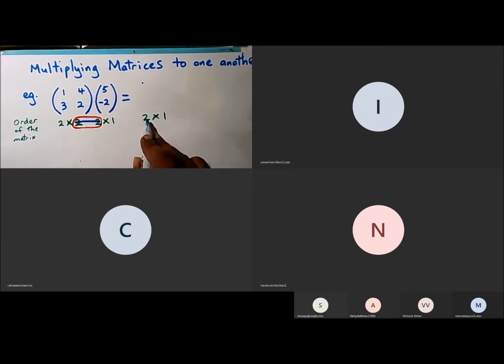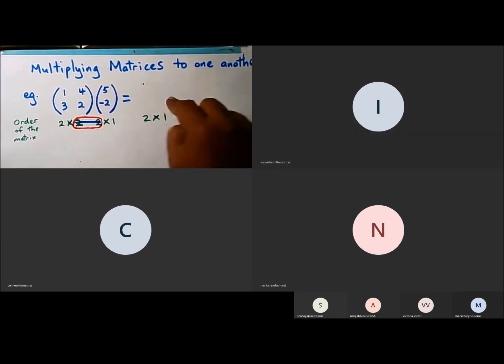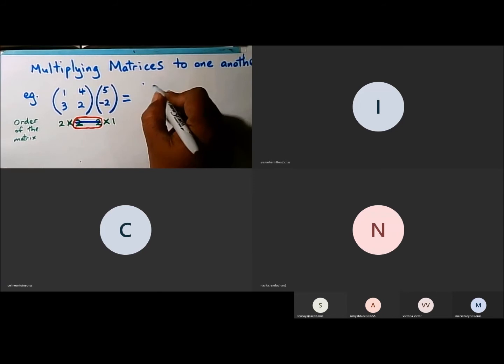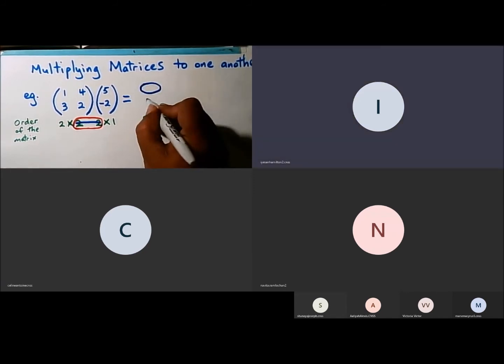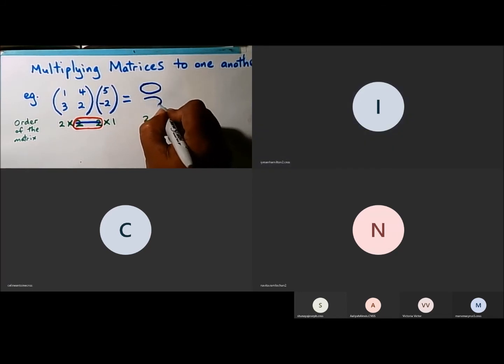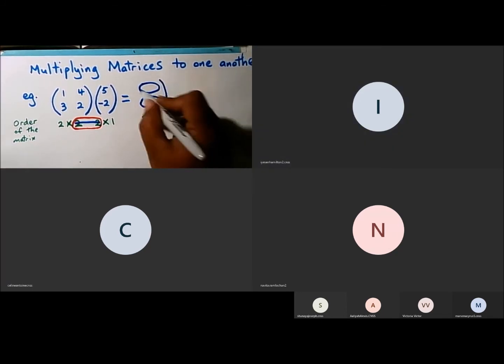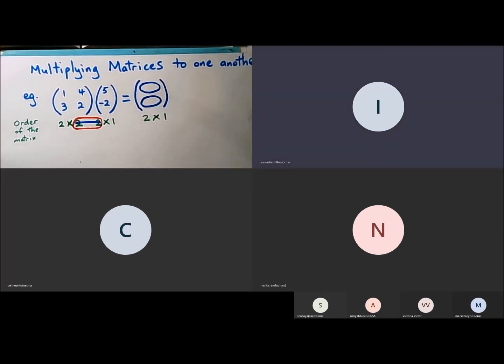What is the child going to look like? It's going to have 2 rows, but it's only going to have 1 column. So I'm going to just draw a circle which represents a number. I have a top number and I'll have a bottom number. That's it.